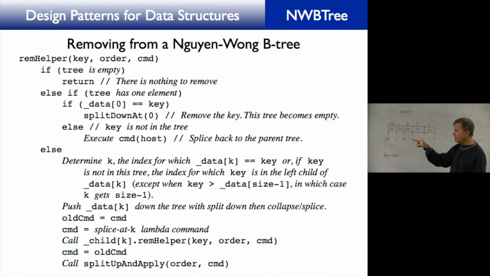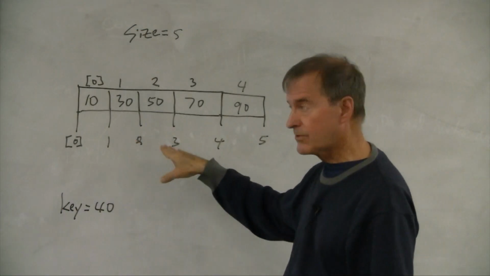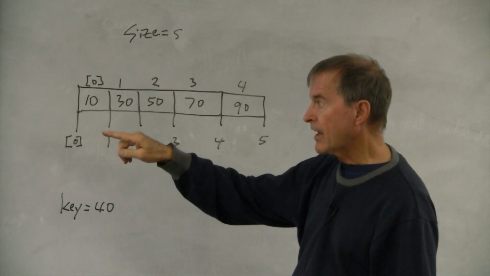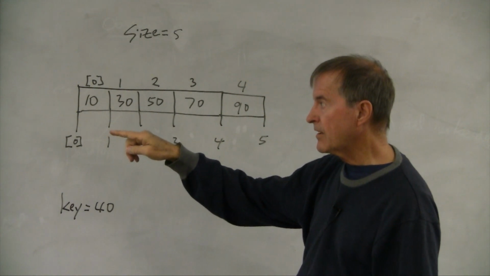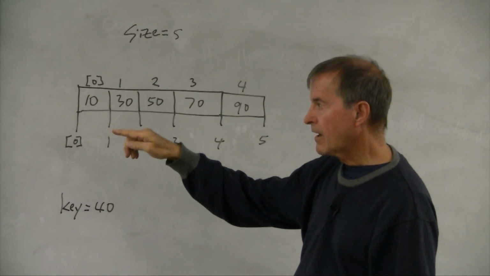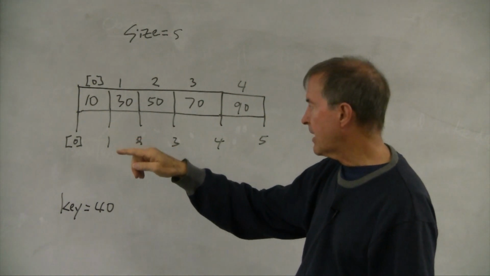It says determine k, the index for which data sub k equals key. Well, do any of these data equal key? No. So key is not in this tree, okay? The index for which key is in the left child of data sub k.